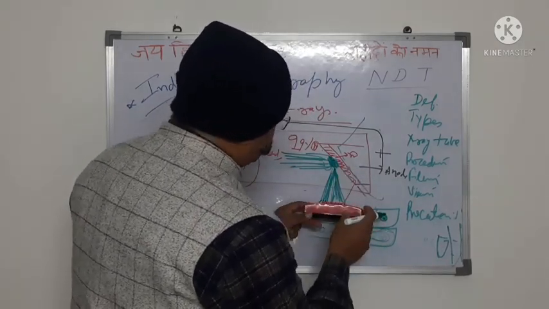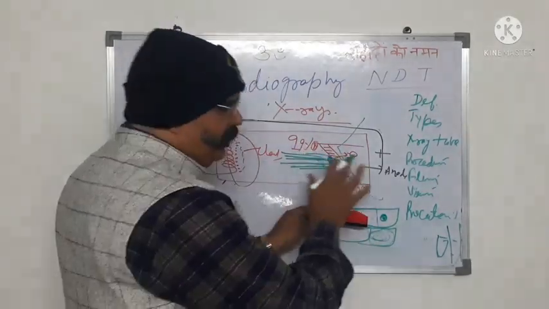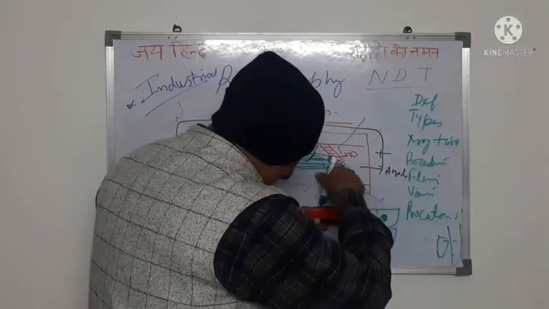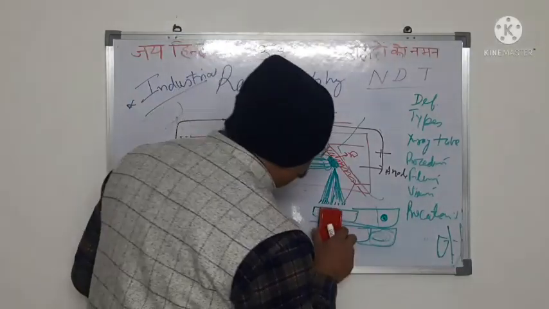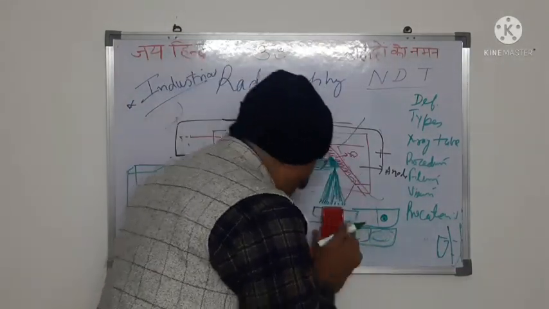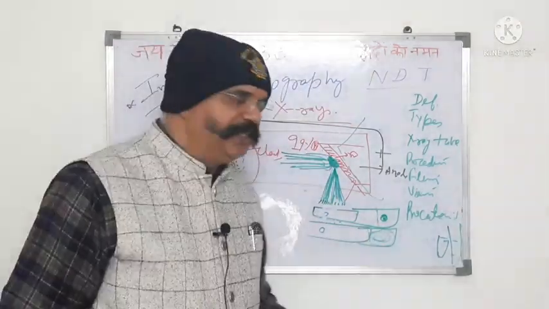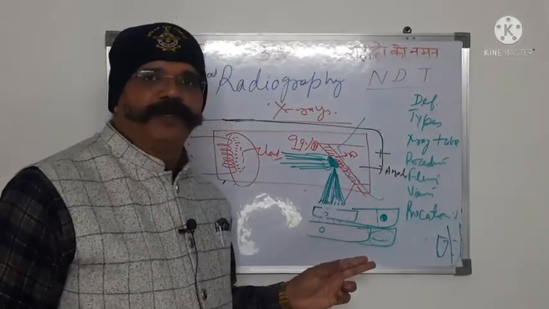Suppose this thickness is 10 mm or 15 mm. This 300 kV is in the range of that voltage. That energy is sufficient to penetrate this plate. But if I place this plate like this, will that energy be able to penetrate this much thickness? No. So these are things to be kept in mind while doing the radiography.